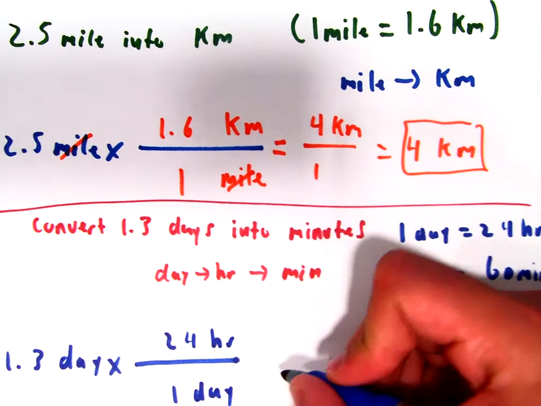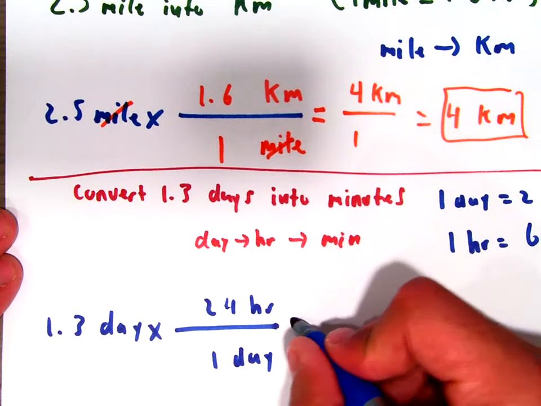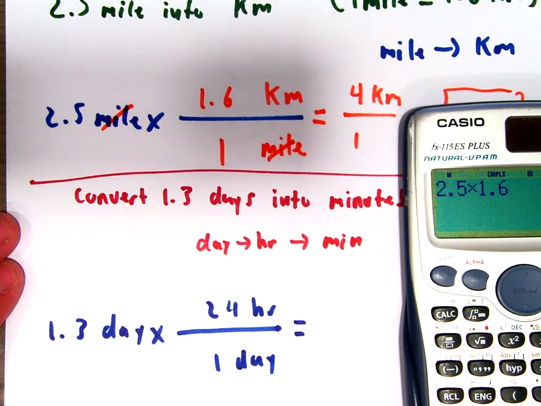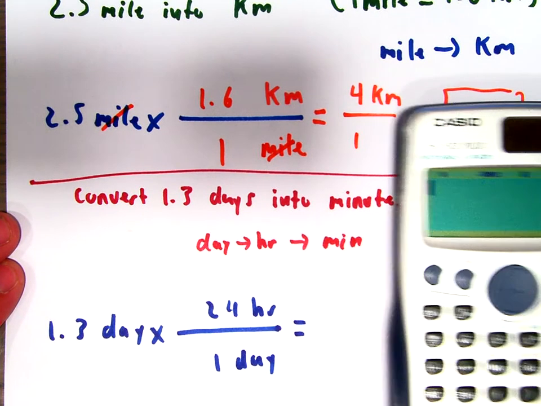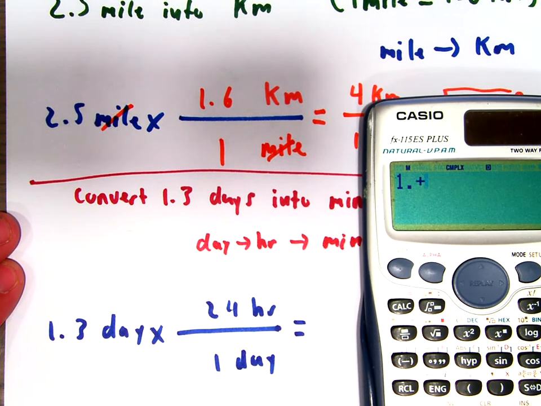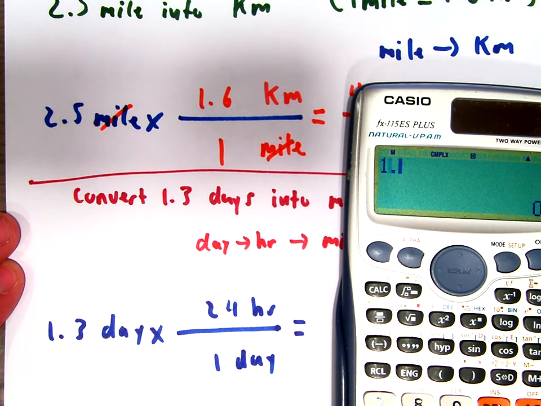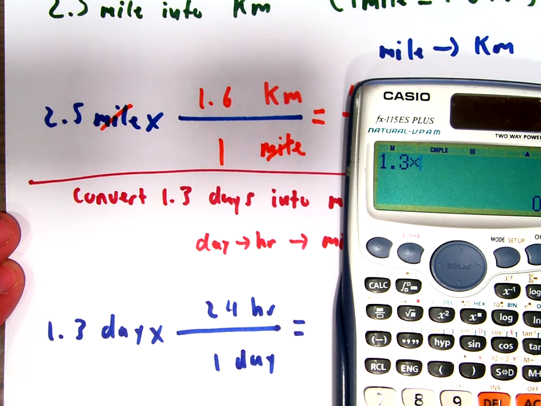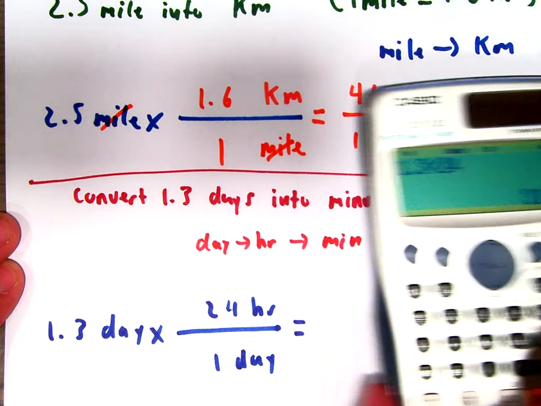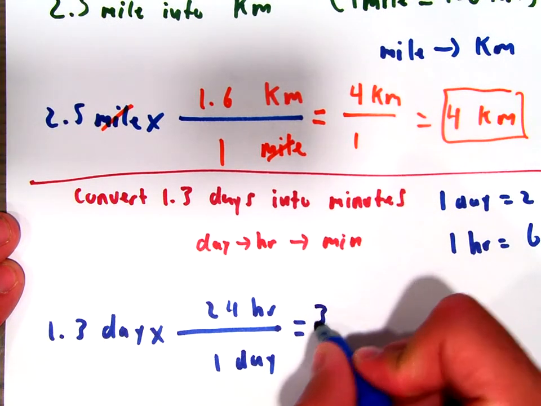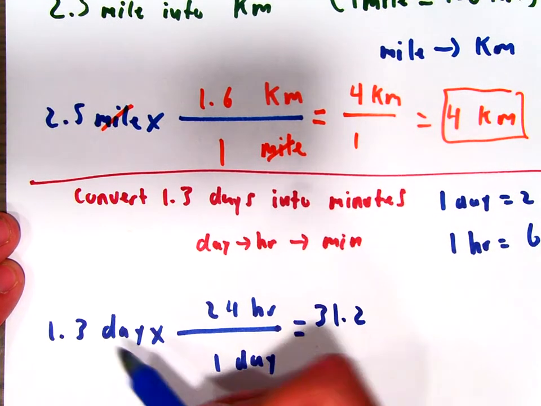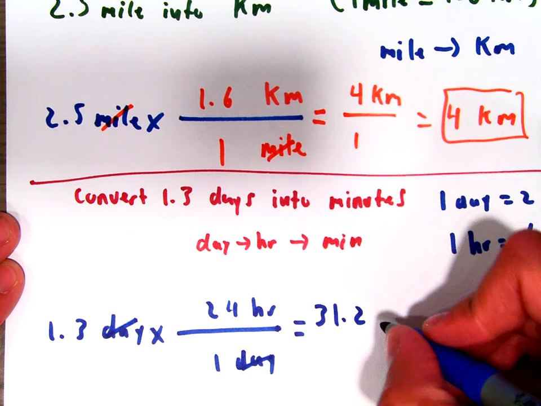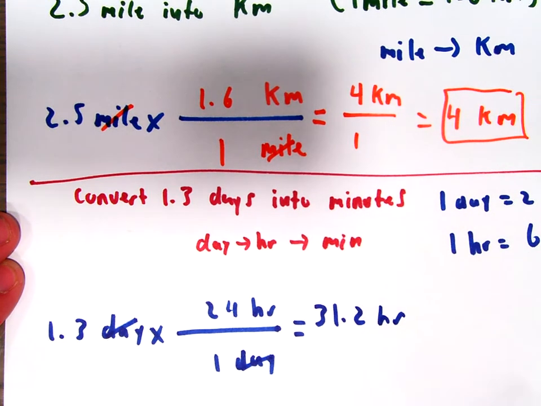I put that in my calculator and multiply the top and the bottom. 1.3 times 24 gives me 31.2. Days eliminate. I'm left with hours. Alright, well, I don't want hours, I want minutes.